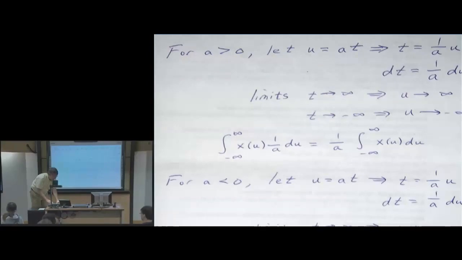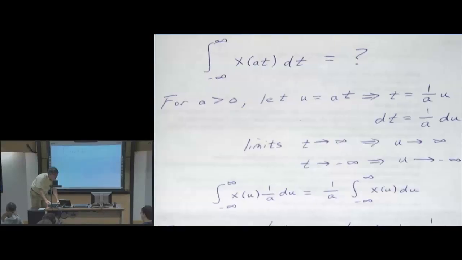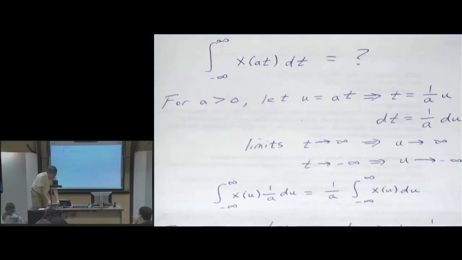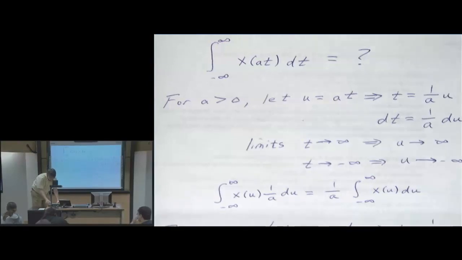We can rewrite the integral over all time as simply 1 over a times the integral of x. So when you have a scaling in the time domain by little a, the effect on the area is that the area of x gets scaled by 1 over a when a is positive. This is a general result.